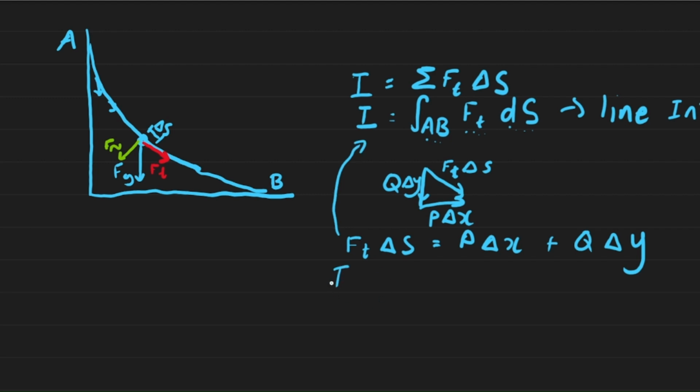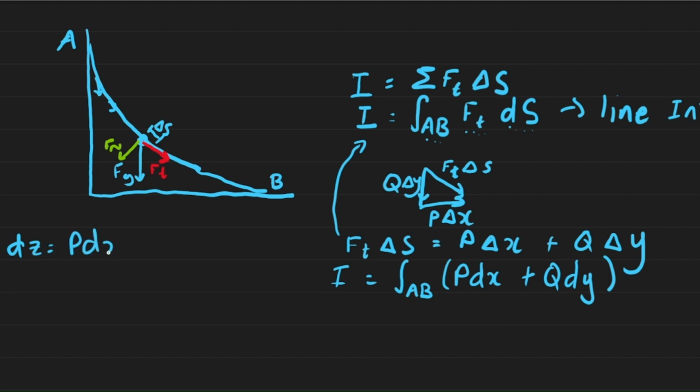So that would mean that I now becomes the integral between A and B of P dx plus Q dy. You might be thinking to yourself at this stage, okay, I've seen this thing before, P dx and Q dy. In fact, I've seen it quite a lot if you've been looking at the previous videos, where we expressed function differentials in the form dz is equal to P dx plus Q dy.